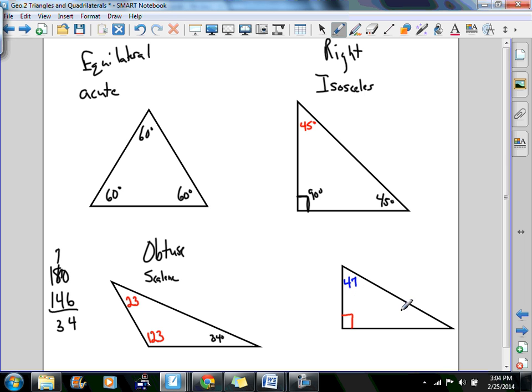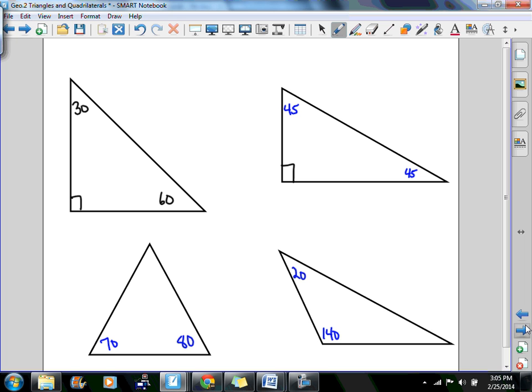And this is 47, therefore this has to be 43 degrees to make sure this equals 180. So this is right, because of the right angle, and none are equal to each other, so it is also scalene. I want you to try these on your own.